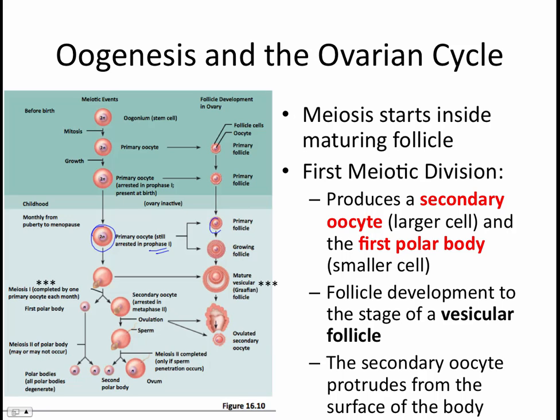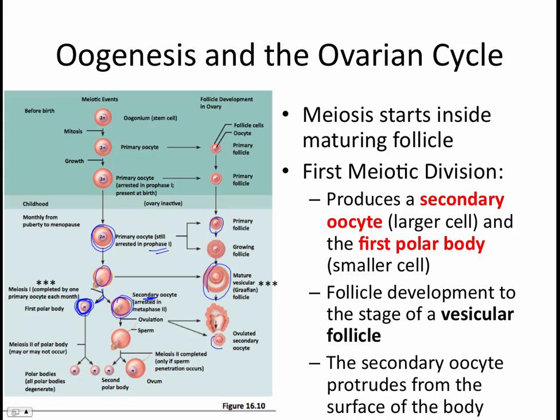So from that primary follicle to finally a mature Graafian follicle, it's going to just grow and mature until finally this cell is going to undergo meiosis 1, in which case it's going to form what's called a first polar body and a secondary oocyte. Remember, the secondary oocyte is the form that the oocyte's going to take during ovulation. Now, this first polar body has genetic material in it.